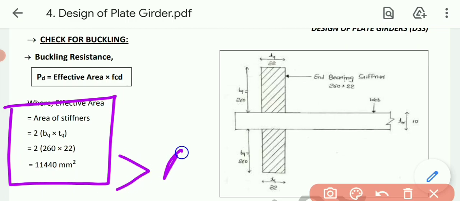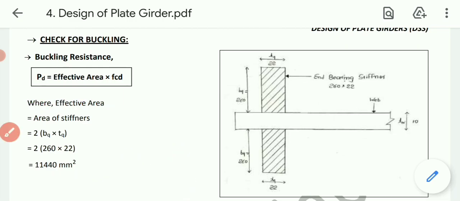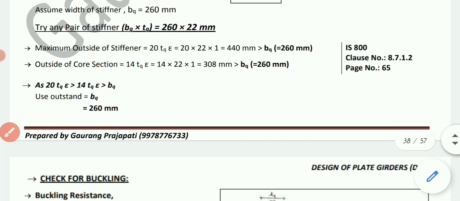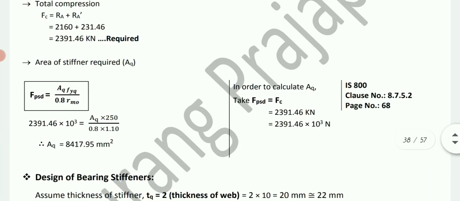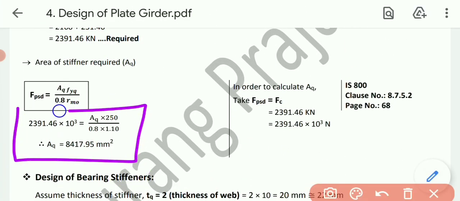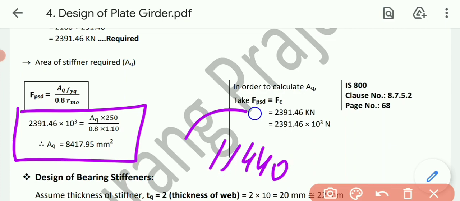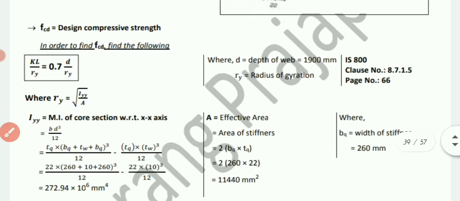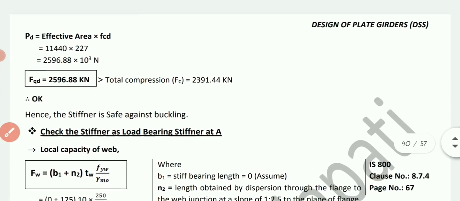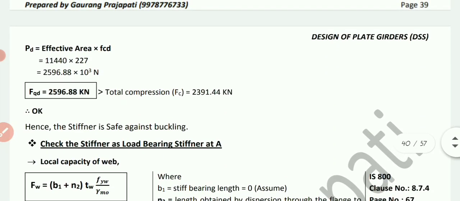It should be greater than AQ, which we have calculated earlier. Let us cross check AQ, that is 8417, and our area of the stiffener is 11440, which is greater than this, hence okay. So the main reason for providing the stiffener to resist the buckling force is getting satisfied.